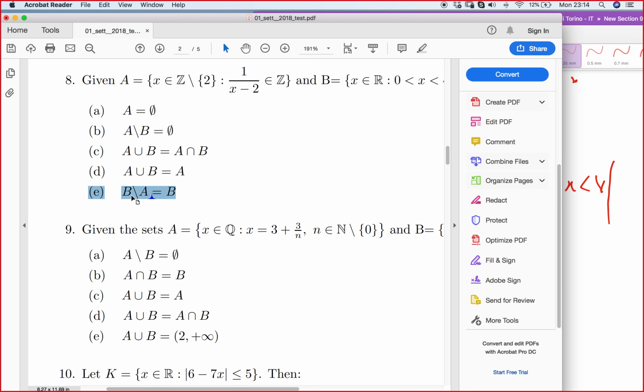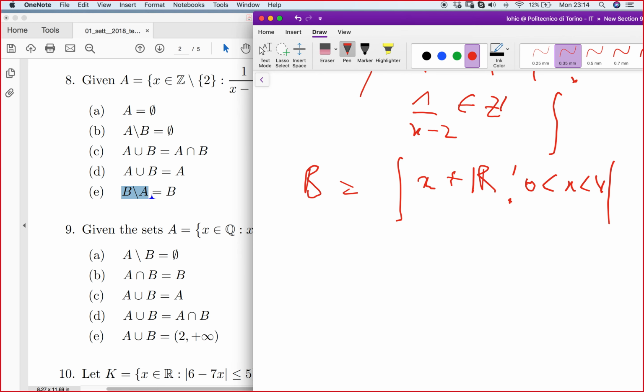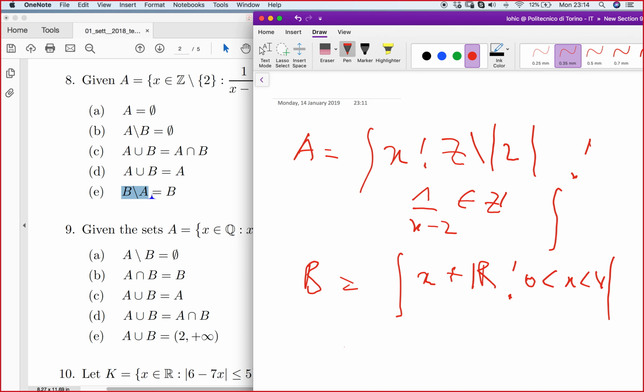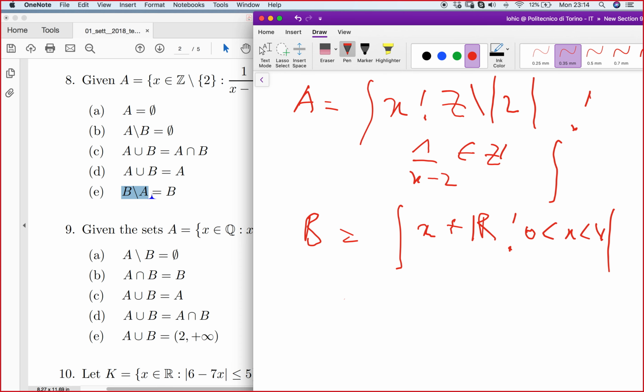And B minus A means that you remove from the elements of B the elements that also belong to A. Good. Now, going back here, let's try to understand the set A as we did before. So, the set A is defined by how many conditions?